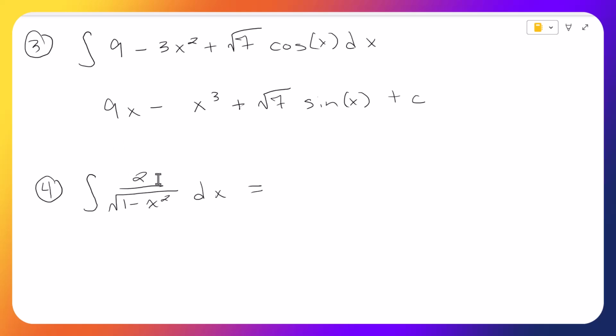Let's just pull it out using our integral rules, our antiderivative rules, and we can rewrite this as 2 times this integral right here, and this is just our arc sine, so this equals 2 arc sine of x plus c. So just using our integral rules.